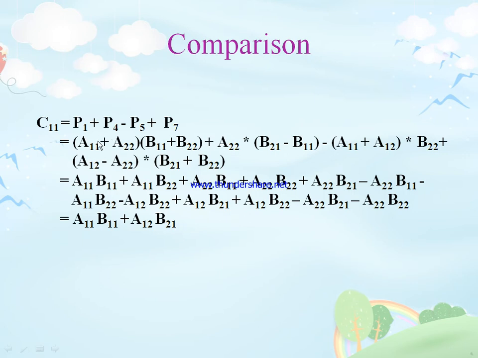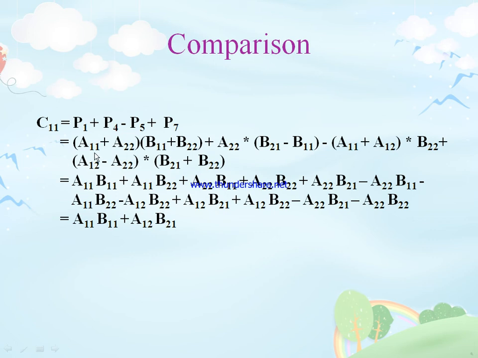So the actual productions that are given in the previous slide: A11 plus A22 into B11 plus B22 for P1, plus A22 into B21 minus B11, minus A11 plus A12 into B22, plus A12 minus A22 into B21 plus B22.